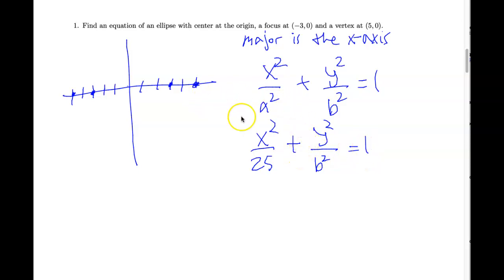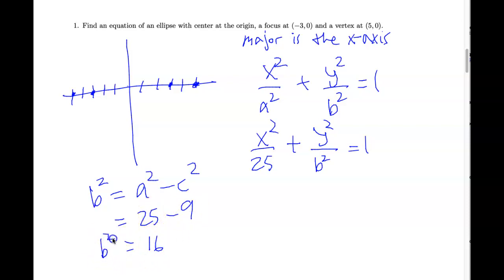And the thing that we use to solve for b is we know that b squared is equal to a squared minus c squared. And our a is 5, so this is going to be 25, minus our c, which is a distance of 3, so 9. 25 minus 9 is 16. And so b squared is equal to 16.